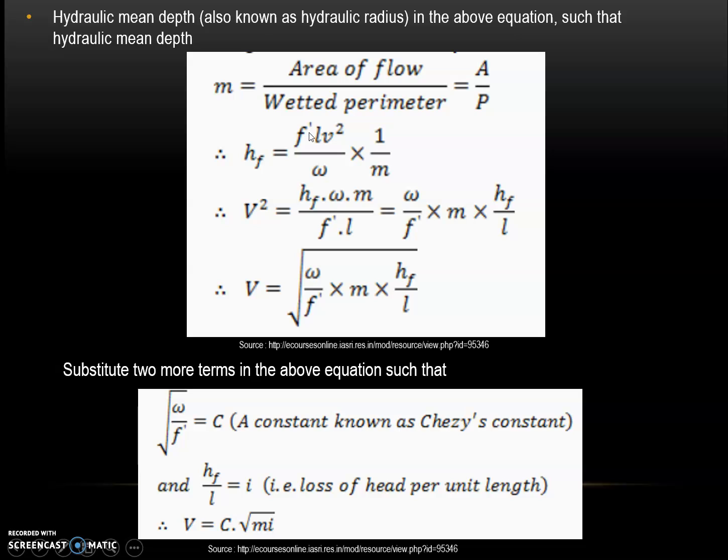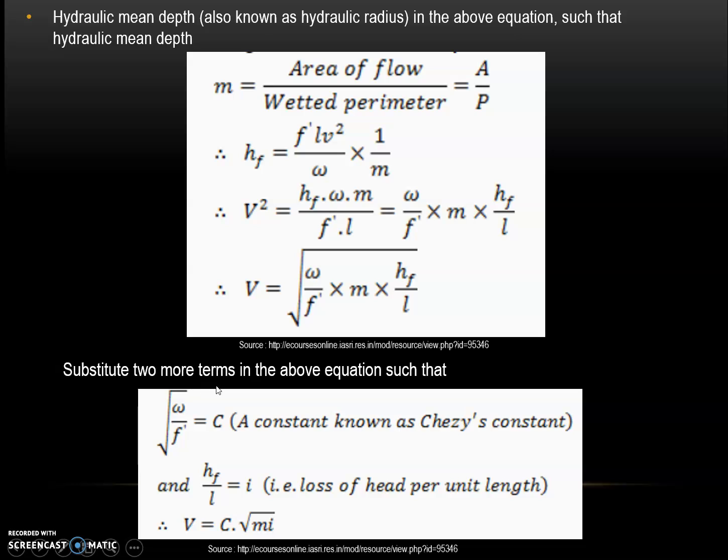HF is equal to F dash LV square divided by W into 1 divided by M. So V square will be equal to HF WM divided by F dash L, which is equal to W divided by F dash into M into HF divided by L. So V will be equal to square root of W divided by F dash into M into HF divided by L.